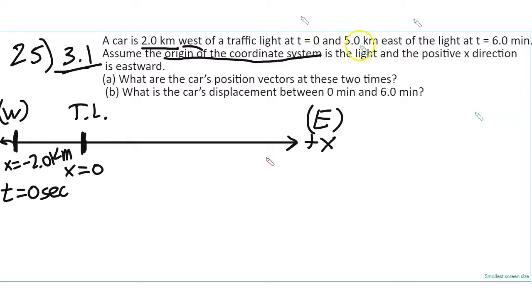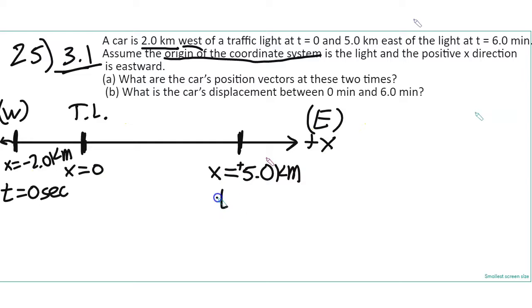And then the car ends up 5 kilometers east of the light at 6 minutes. So if this is 2 kilometers, let's say 5 kilometers is, I'm just estimating, but probably somewhere over here, okay? So let's let this be x, 5.0 kilometers. And you can put a little positive on that just to remind yourself it's to the right of the origin if you like.